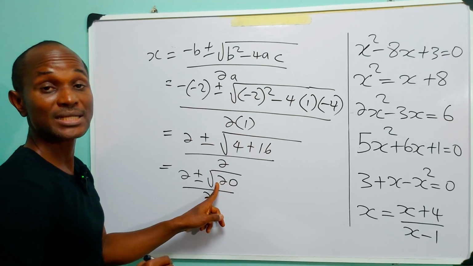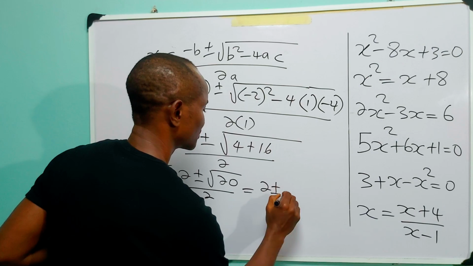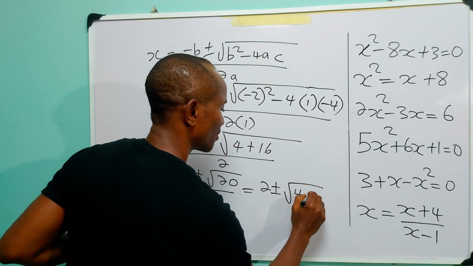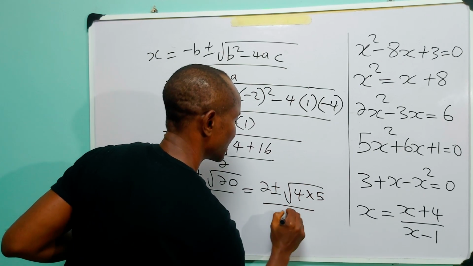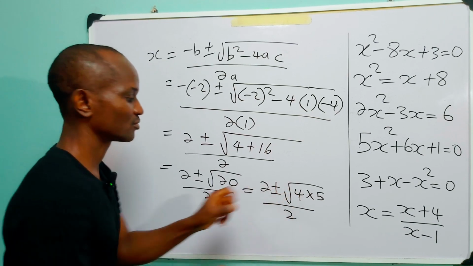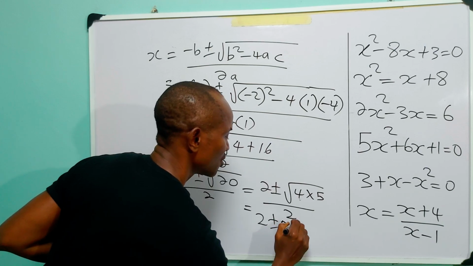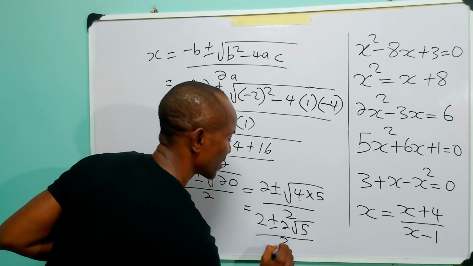Now, we know that 20 is equal to 4 times 5. This is equal to 2 plus or minus the square root of 4 times 5 divided by 2. And the square root of 4 is 2. So this is equal to 2 plus or minus 2 root 5 over 2.